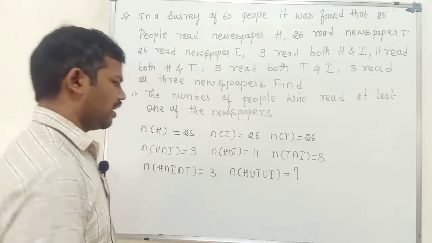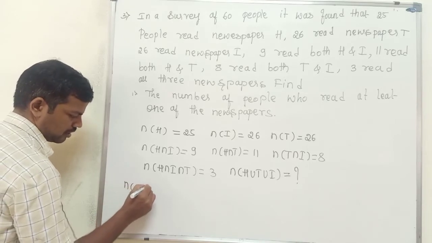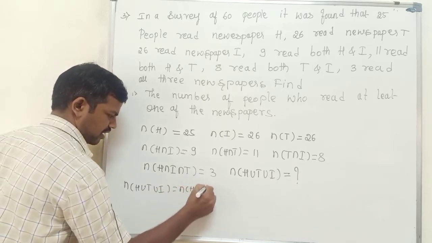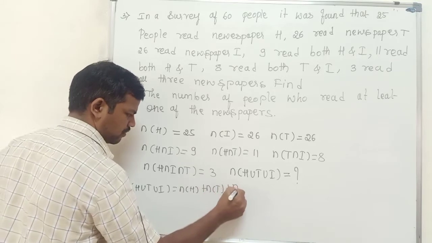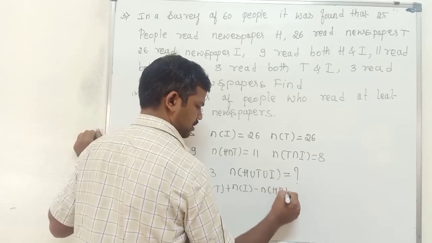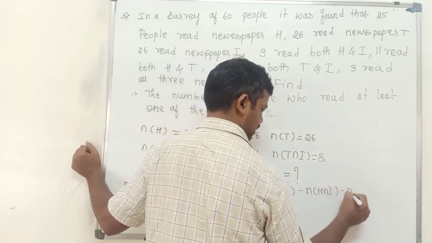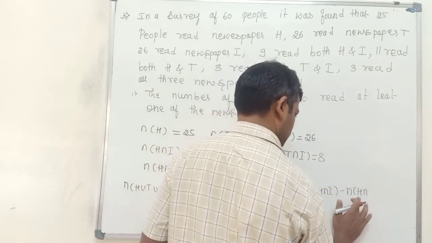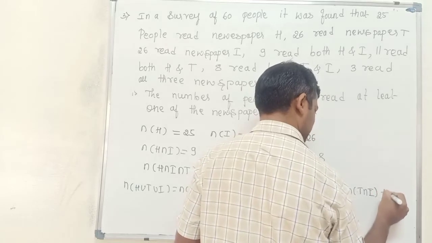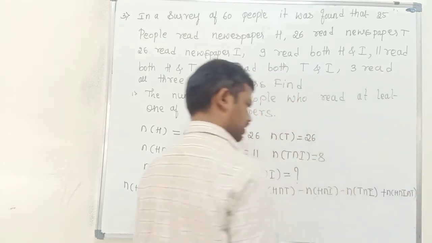So this we have to find out, and we already know the formula for this: N of H union T union I is equal to N of H plus N of T plus N of I minus N of H intersection T minus N of H intersection I minus N of T intersection I plus N of H intersection I intersection T.